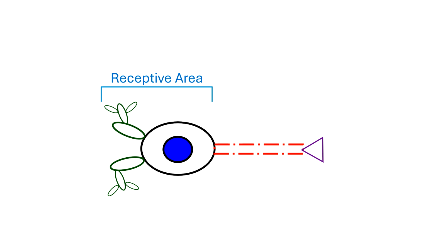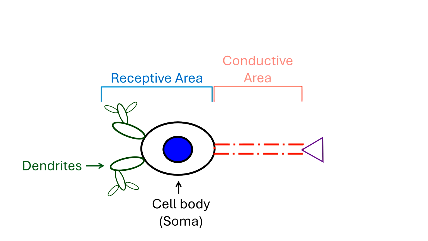So, anyway, we have our receptive area, and it is composed of the dendrites here in green and the cell body, or you may sometimes hear people call it the soma, and I may use soma on occasion in these videos. Now, besides the receptive area, we have a conductive area composed of the axon.